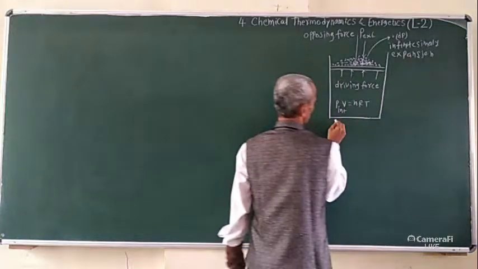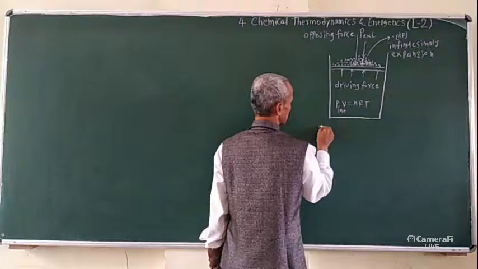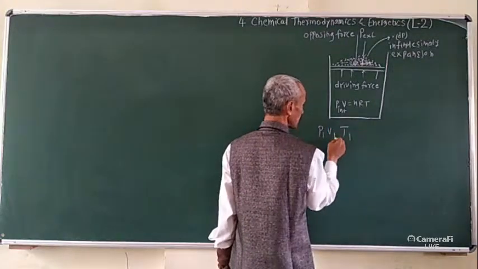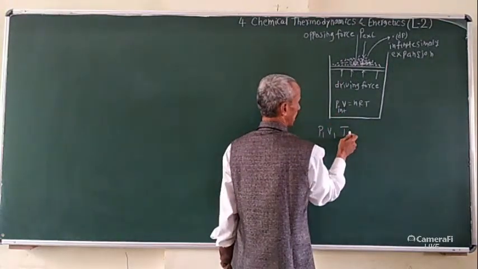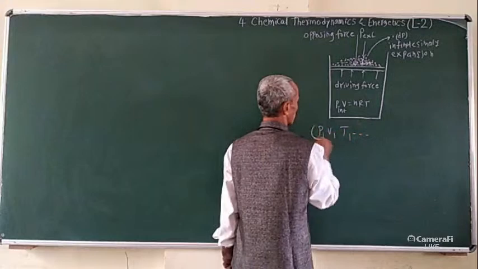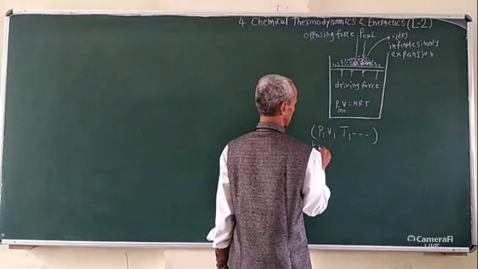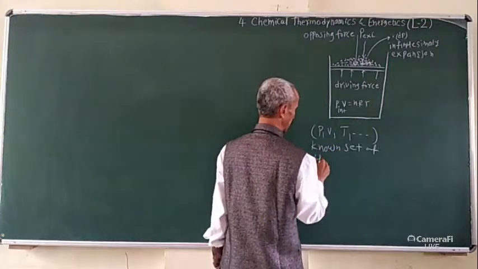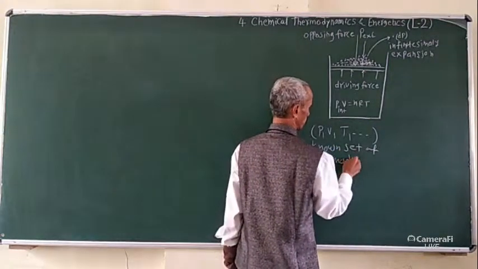Now this is the system. It has pressure P1, whatever is the value, and temperature, etc. This is the known set of all thermodynamic variables.